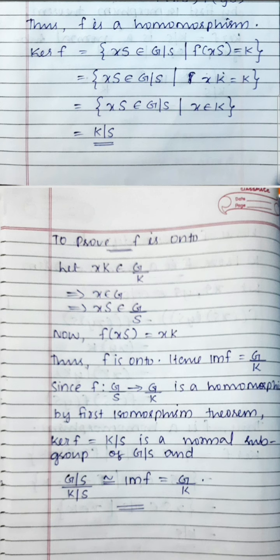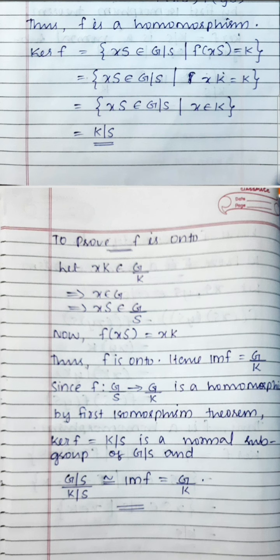Correspondingly here we have proved image of f is equal to g by k, and we have our function f from g by s to g by k, which is homomorphic. So by the first isomorphism theorem, kernel of f is equal to k by s.